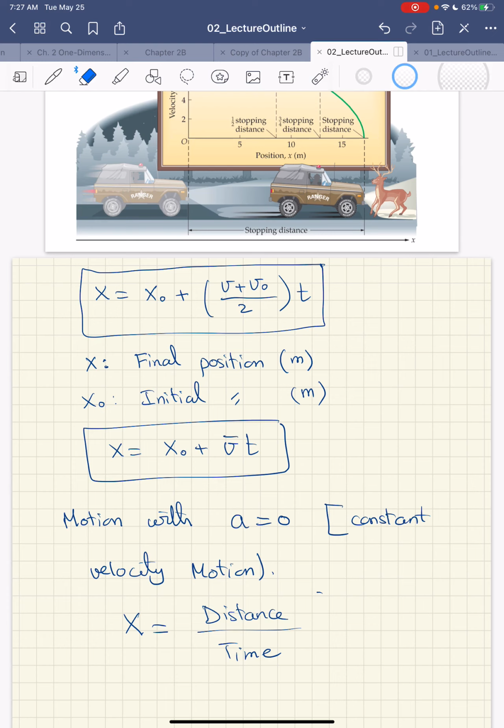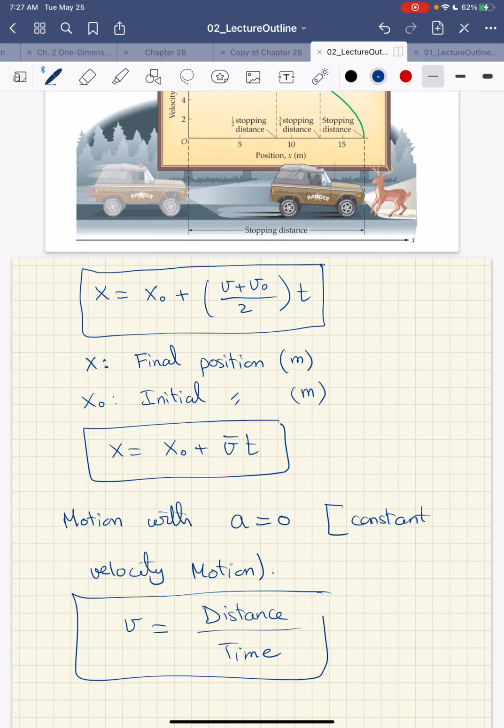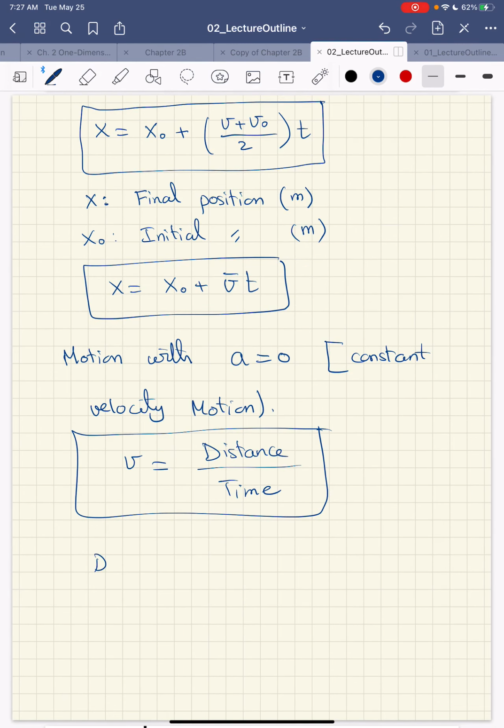V is distance divided by time, and from that, distance is V times T. This equation we can use only when we don't have any acceleration.